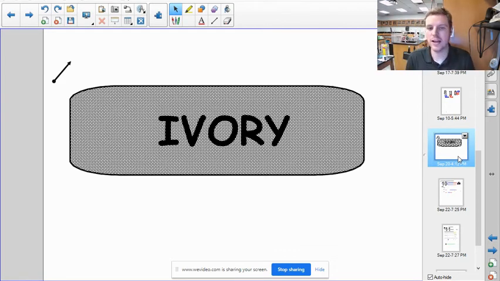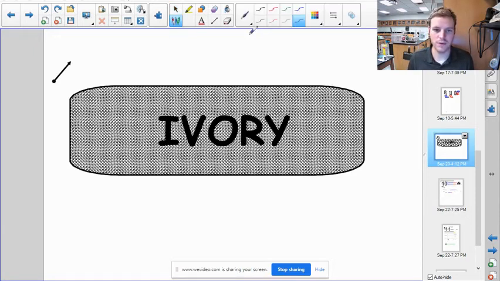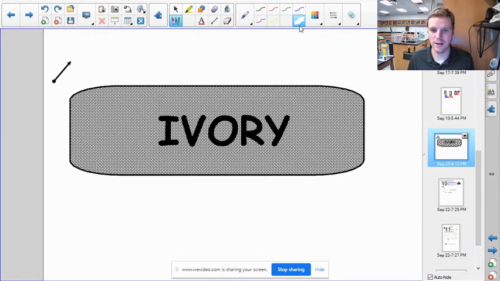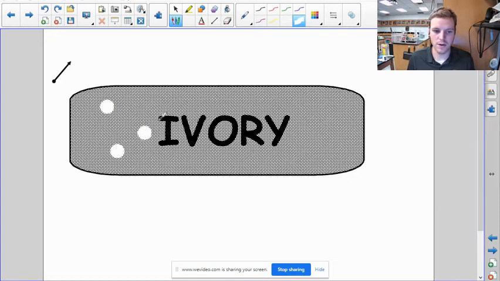Now, the story goes, back in the day, they used to have these bars of soap. But then, this genius engineer or someone of that nature was like, wait, guys, wait a second. I have a brilliant idea. How about we start putting a bunch of bubbles in this soap bar?